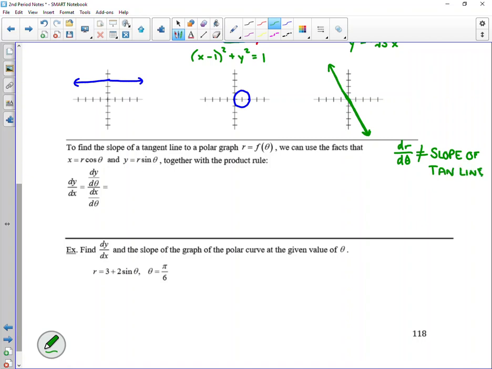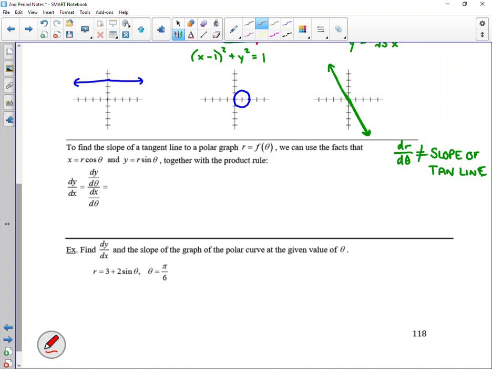Okay, so don't make that mistake. If they ask you to find dy dx, don't just take the derivative of your polar, because dy dx is in completely different variables than your polar equation. So, to find dy dx, you have to take the derivative of y with respect to theta over the derivative of x with respect to theta.